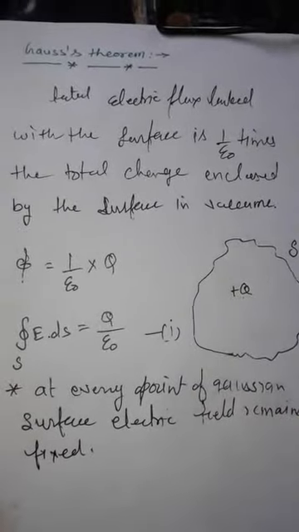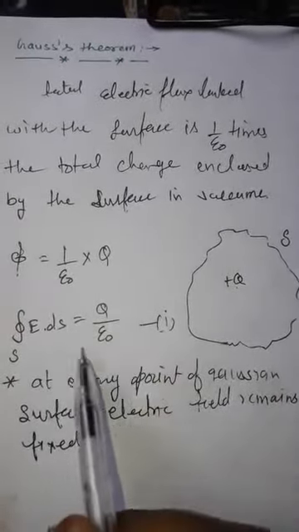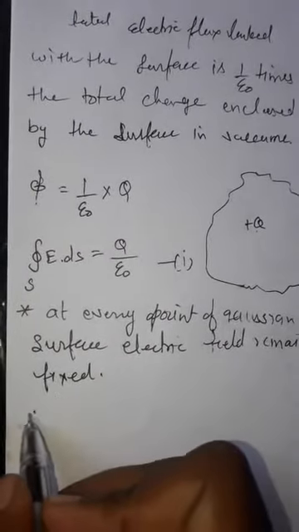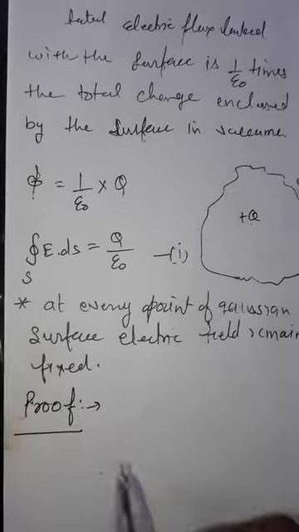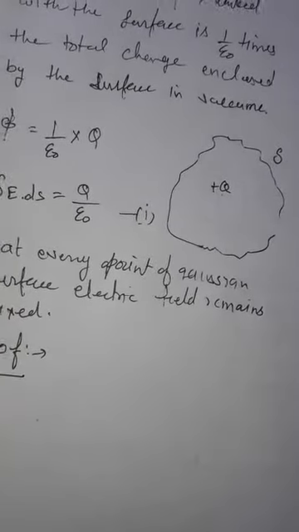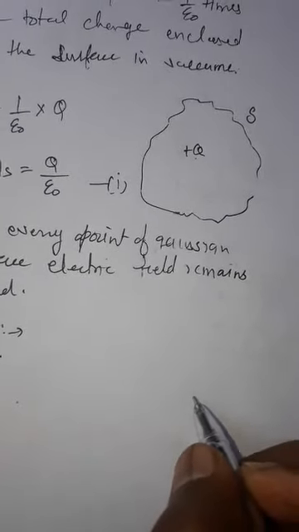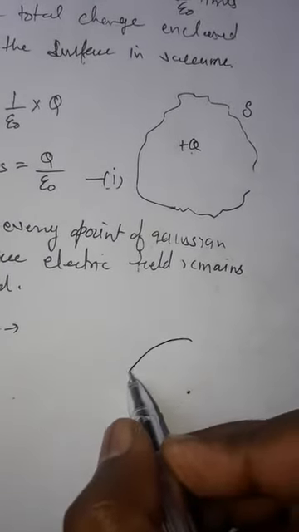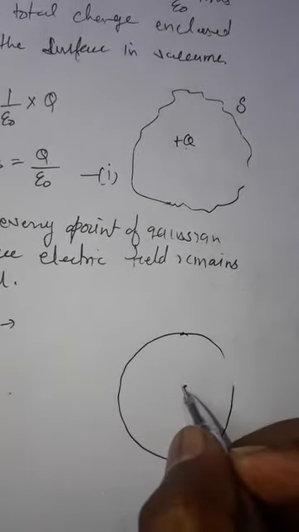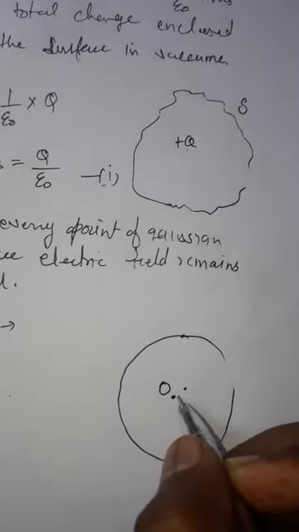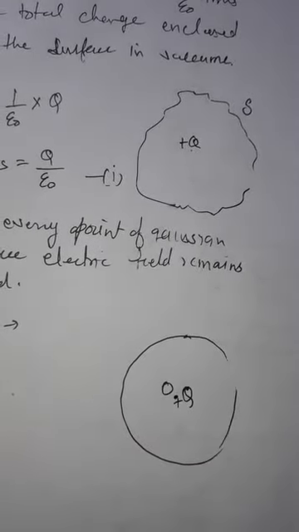Now there is a proof for this relation. In order to prove this theorem, let us consider a sphere, having center, say point O, and let a charge q be placed at the center of the sphere.